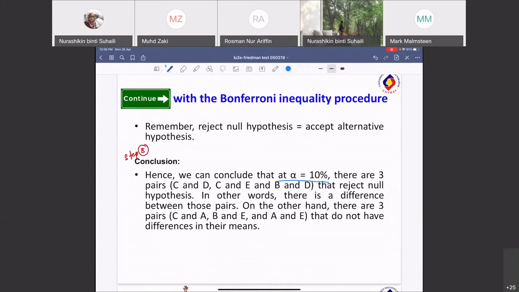Or you can say there is a difference between pairs C and D, C and E, B and D, and there are 3 pairs, namely this one and this one, that do not have differences in their means. Okay, so meaning to say in the conclusion, you have to indicate pairs that have difference and pairs that do not have the difference.